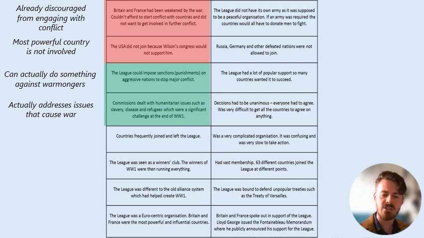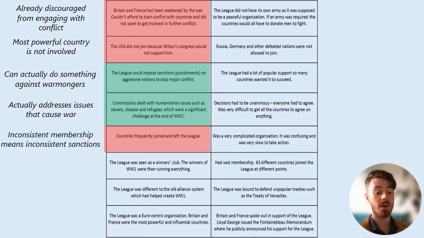A weird thing about the League of Nations as well, we think about that collective security thing. Everyone's trying to work as a team, but you can leave and join the League whenever you like. So countries could just ditch the League and not really care about it and not suffer any consequences for this. So members could weasel their way around the League's laws and rules.